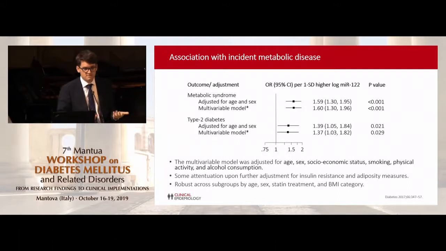What we did see in a sensitivity analysis, just to mention that, is that there was some attenuation when we further adjusted for insulin resistance and for adiposity measures. But when we compared different subgroups, the association was robust, including people at different ages, males and females, receiving a statin or not receiving a statin, and a comparison of different clinical categories of the body mass index.